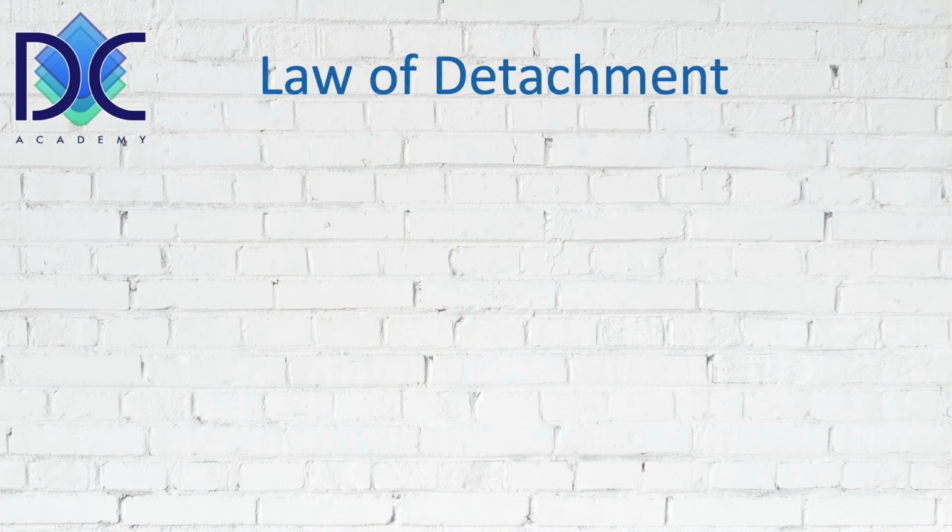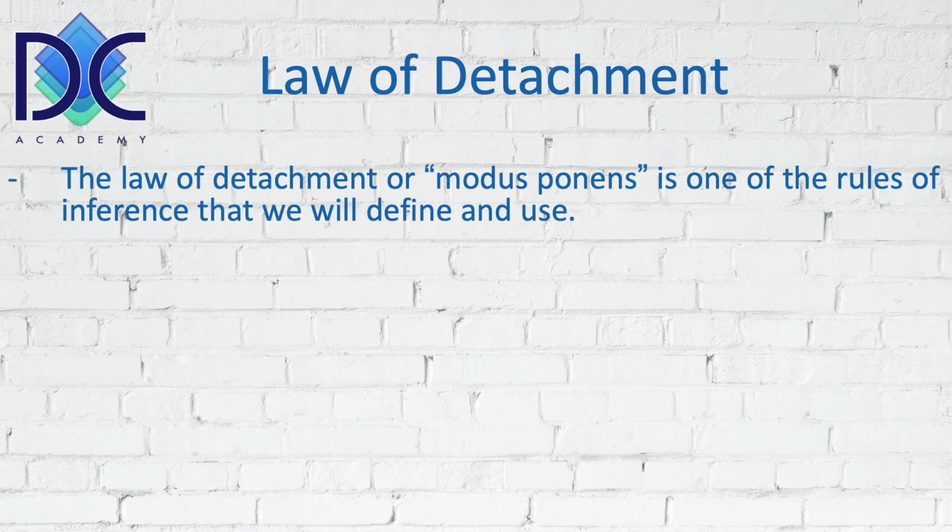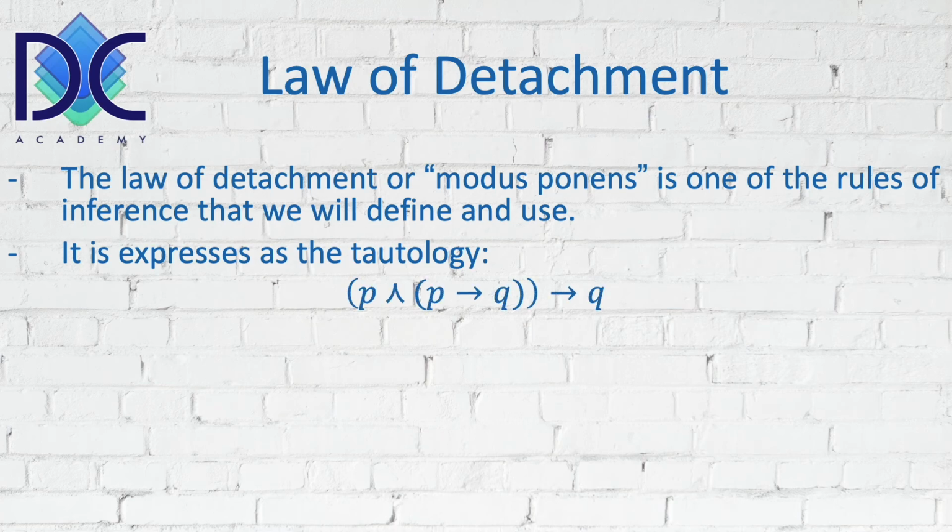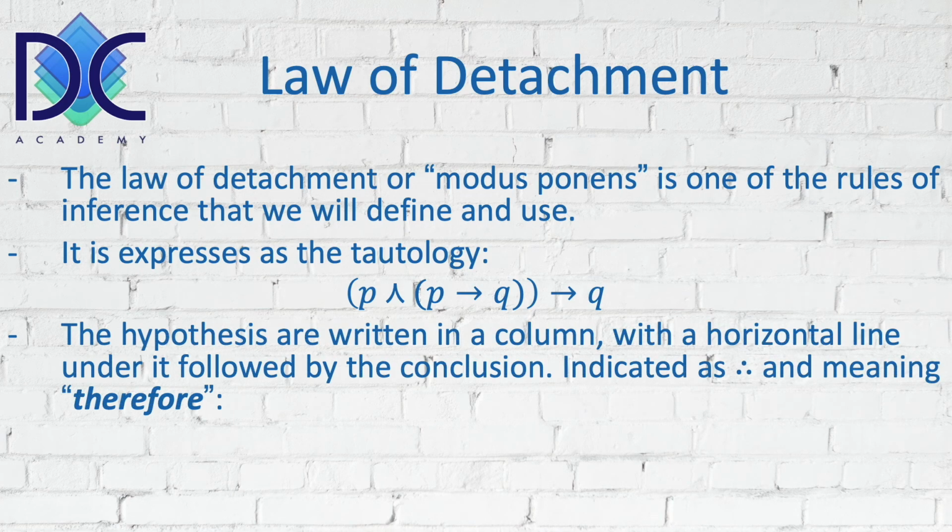The first thing I want to introduce is what we call the law of detachment. The law of detachment is also called Modus Ponens, and it is one of the rules of inference that we will define and use. It's the expression of the tautology that if we have P and P implies Q, then it implies Q. The way that we write this is that we write the hypothesis in a column.